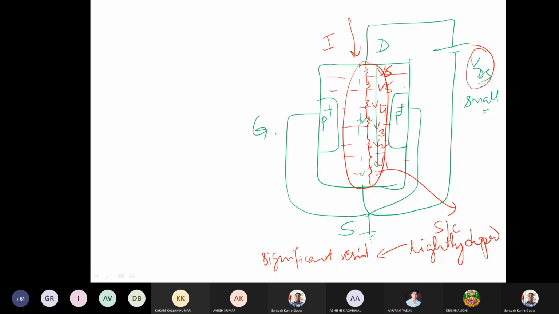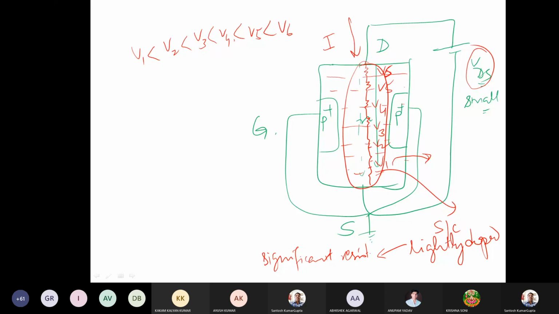If we use the voltage divider rule, then we will see that the point closer to the source is going to have the least potential. So in this case, V1 is less than V2, less than V3, less than V4, less than V5, less than V6.